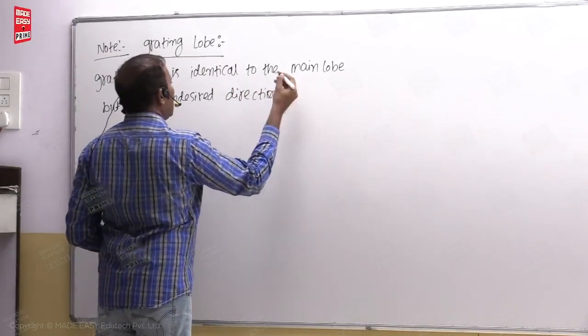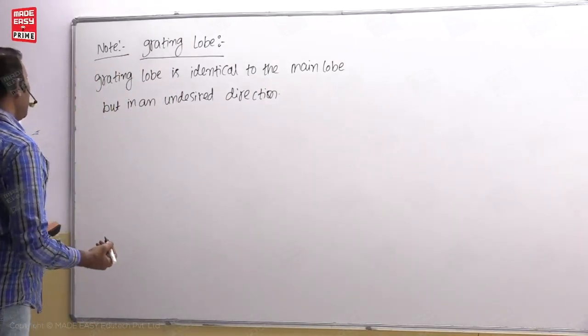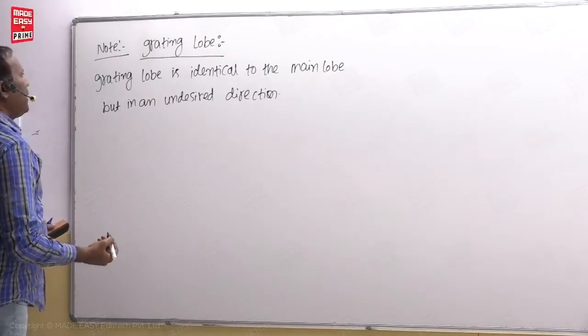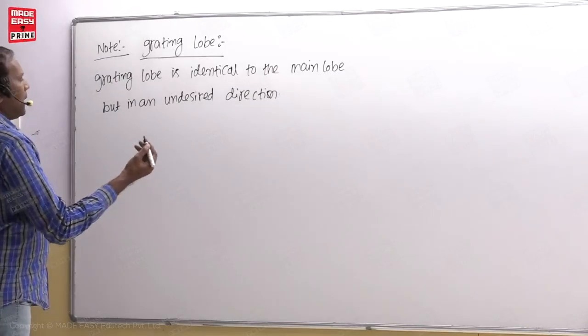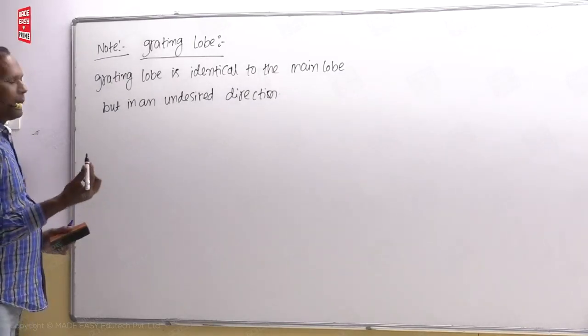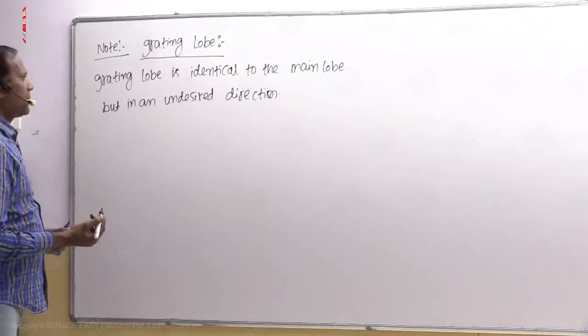We don't want this, that means we don't want grating lobe actually. So that is the meaning. Grating lobe is identical to the main lobe, but in an undesired direction. We don't want this one, but it is similar to the main lobe. That means a lot of power will be wasted in this.